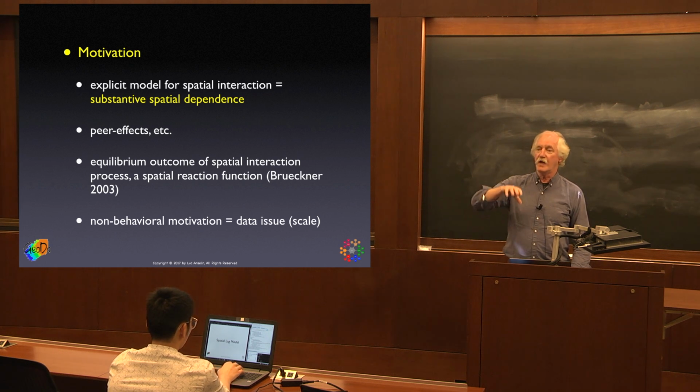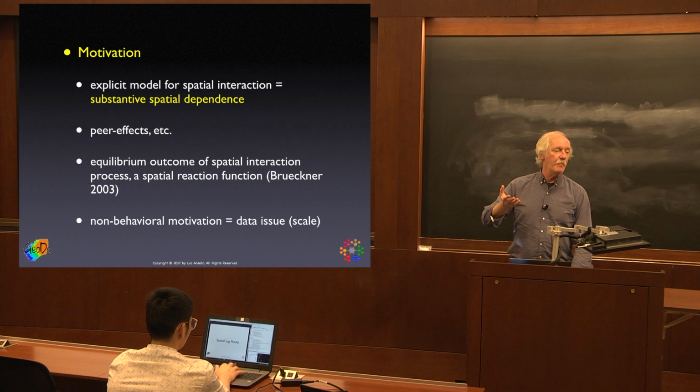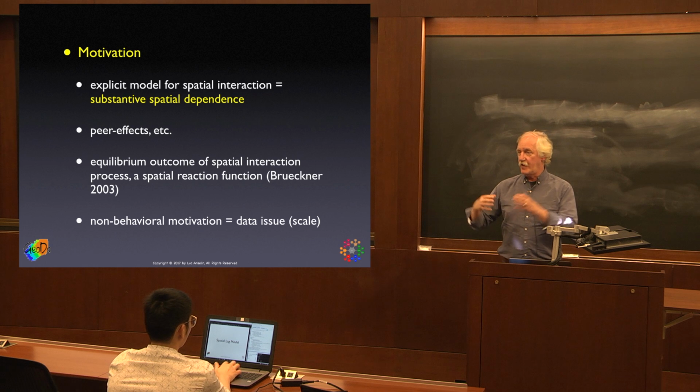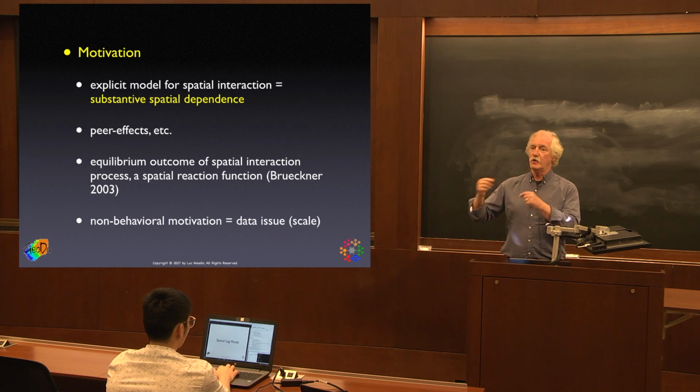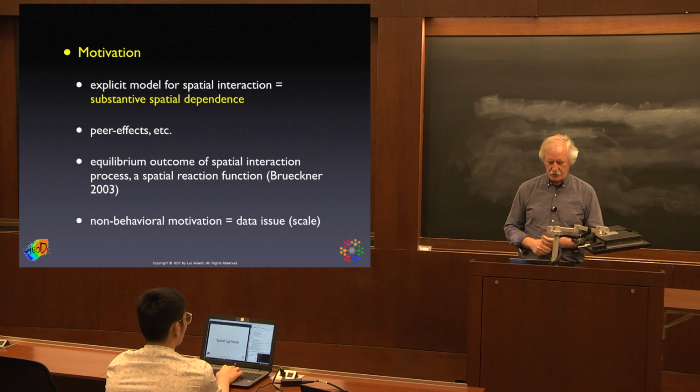So what do you do? You scale up. You can aggregate. This is one form of the modifiable areal unit problem. And if you scale up and group or cluster the observations that are very similar, then between the clusters, again, you can have the variability which you need for statistical explanation.